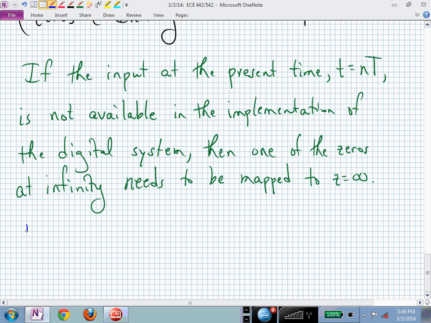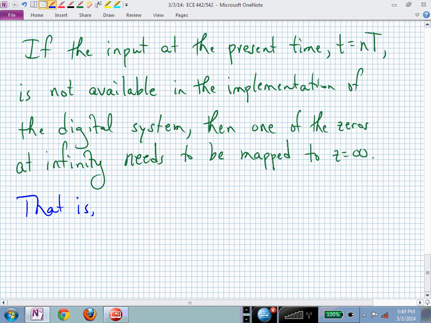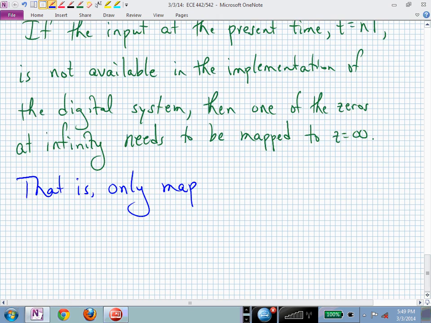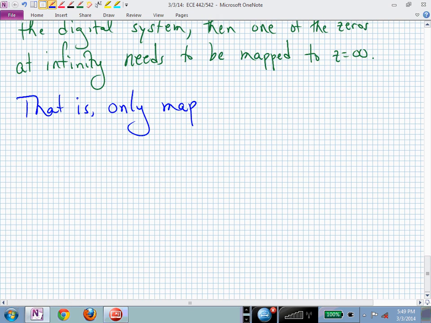Another way of saying that is, and now I need to make sure the brackets are correct, only map, let me put a curly brace and then a parenthesis, the number of zeros at infinity minus 1, that's a number.